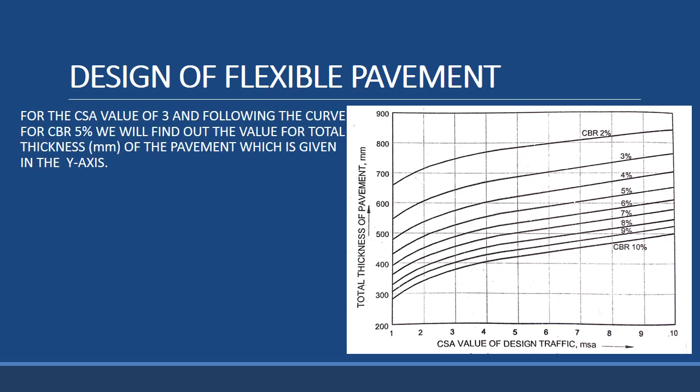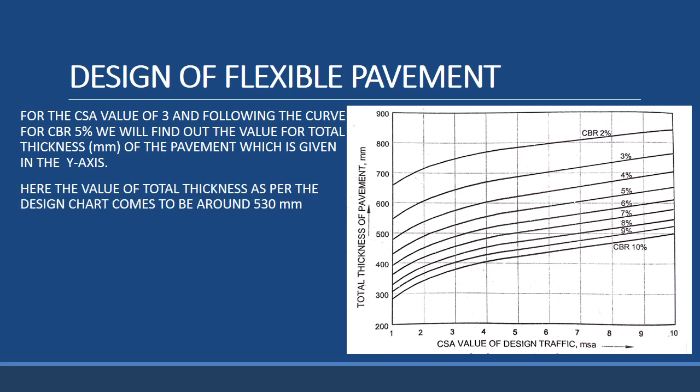Now for the CSA value of 3, following the curve for CBR 5%, we will find the value for the total thickness of the pavement in millimeters, given on the y-axis. Here the total thickness as per the design chart comes to around 530. How is it coming? Let me show you.